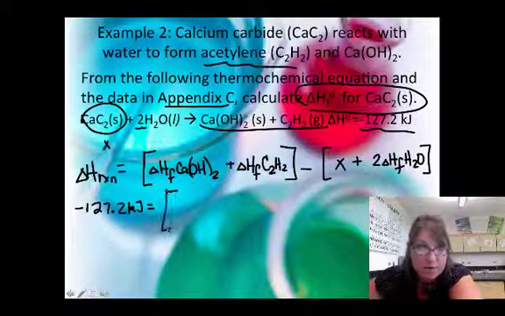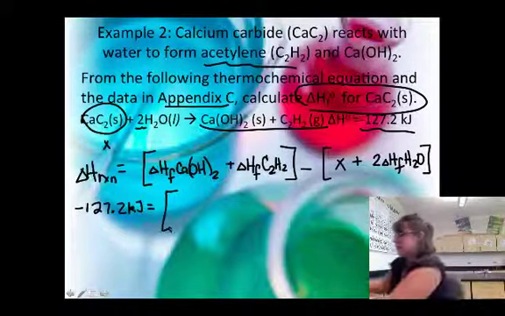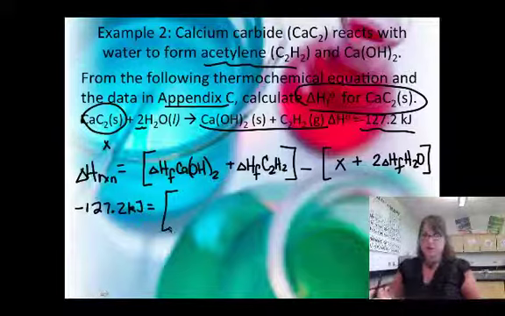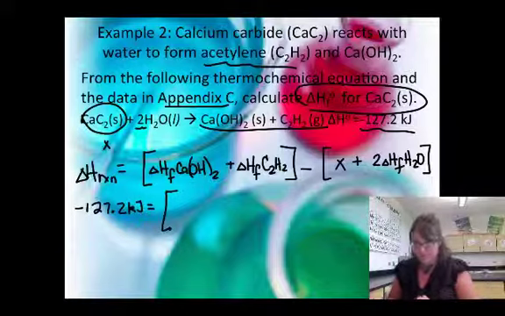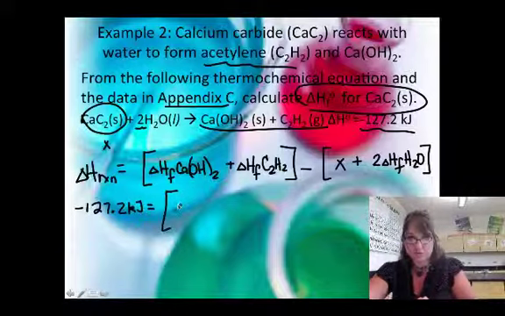All right, and I got my Appendix C right here handy. If I look in the calcium section, I'll be able to find calcium hydroxide, and I have it in solid form. Good. So delta H there is negative 986.2 kilojoules for every mole.